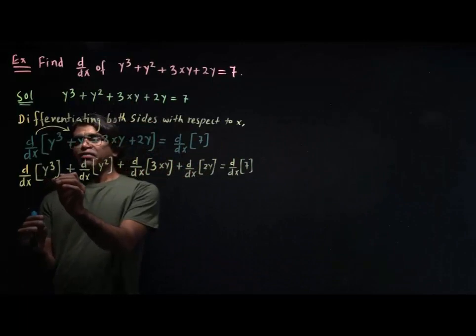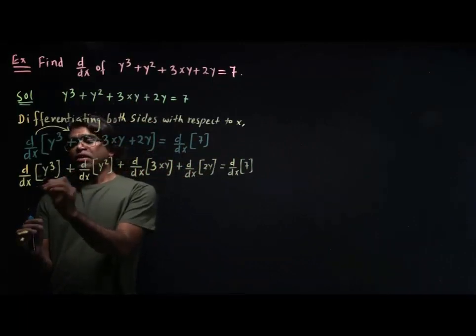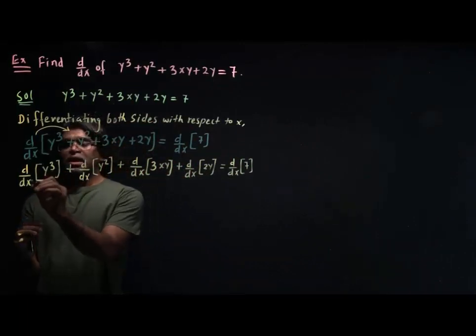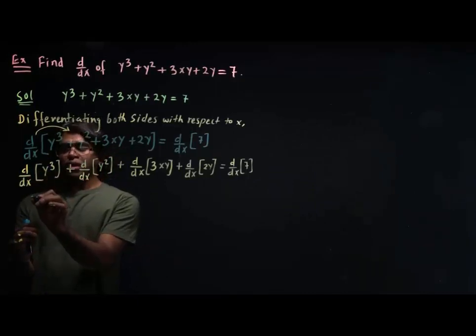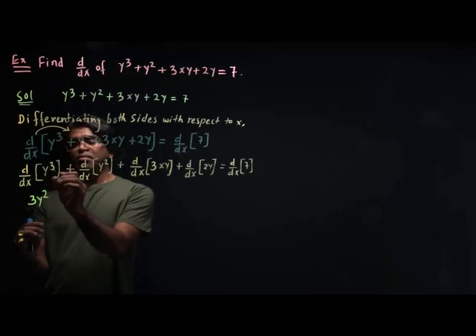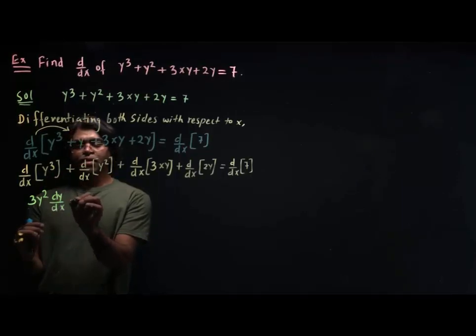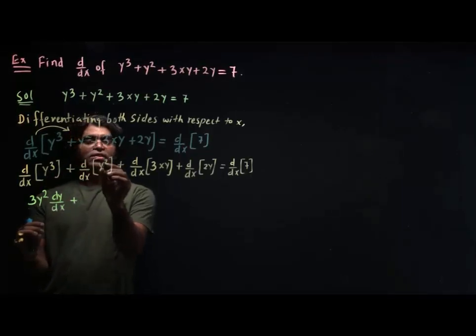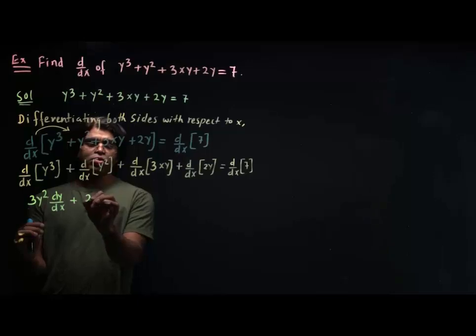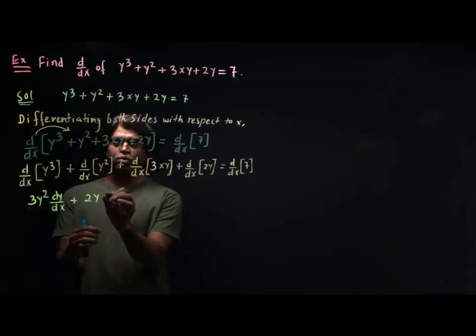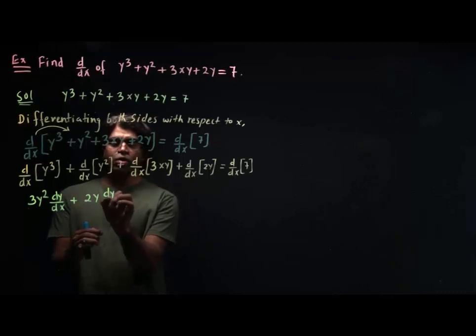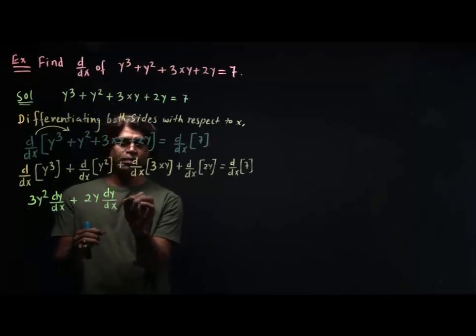When I differentiate y with respect to x, d by dx of y cubed is 3y squared, and since I am differentiating y with respect to x, I will get dy over dx. Plus d by dx of y squared is 2y, and then dy over dx, right?